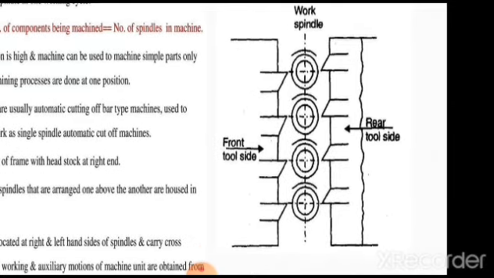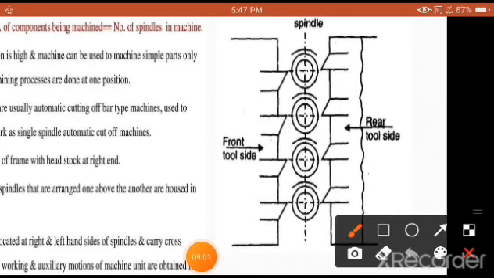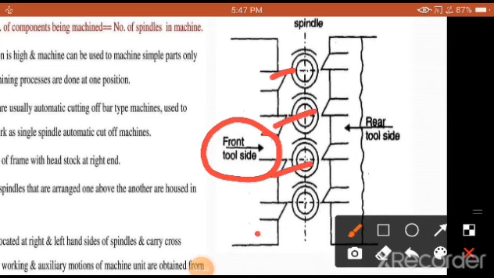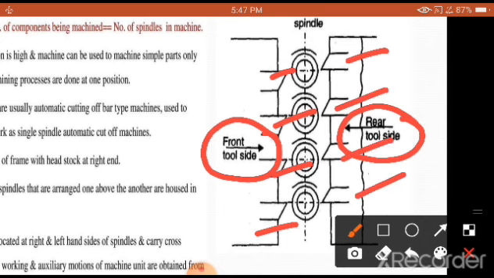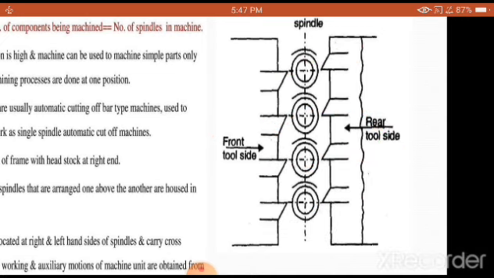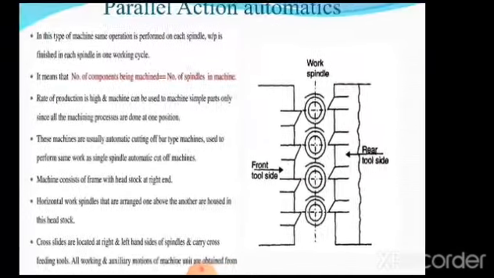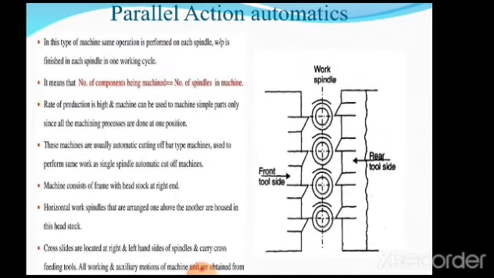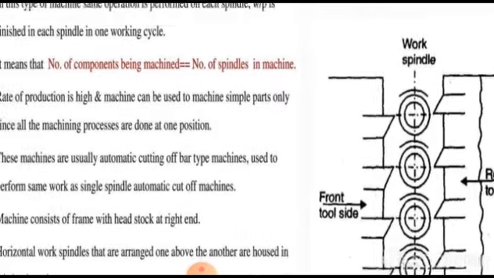As you can see on the right side very clearly, this is called the front tool slide, which has all these different tools, and the rear tool slide again has tools like this, and these are the workpieces mounted in the spindle. The workpieces mounted in a spindle are made to rotate, and both the front and rear tool slides are fed in opposite directions, and the machining will take place much faster. That is the main concept here.